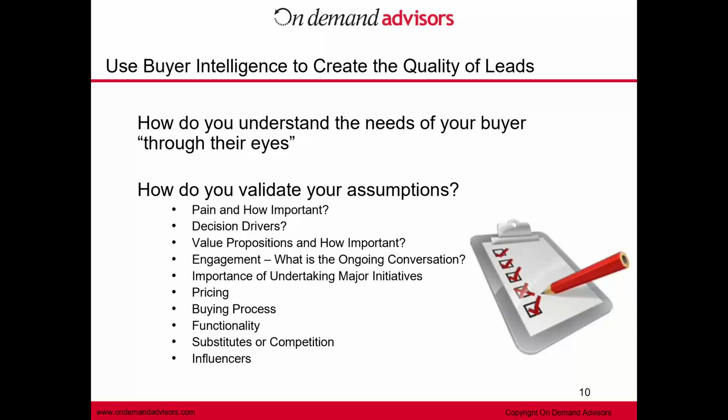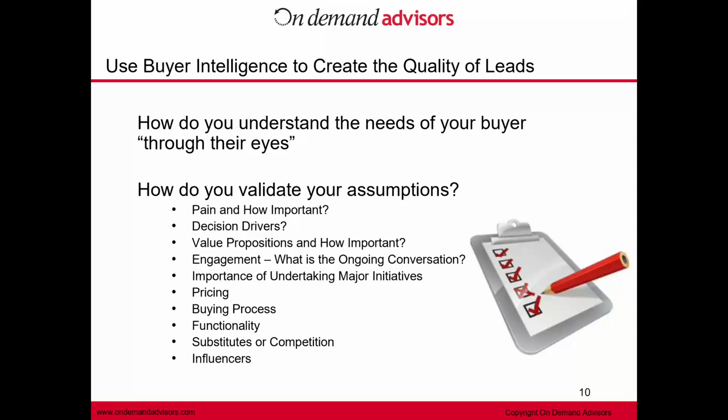So if you do a buyer intelligence survey, as we've done hundreds of these, you're going to find out of the pains that you think you solve today, how important are those to your decision makers? Of the value propositions that you offer, how important are those on a scale of 1 to 10 to your decision makers?